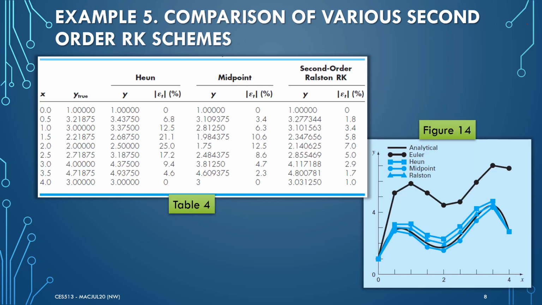Table 4 here shows a comparison of true and approximate values of y from example 5, with the initial condition at x equal to 0 when y equal to 1. The approximate values were computed using three versions of the second order Runge method: Heun, midpoint, and Ralston method.